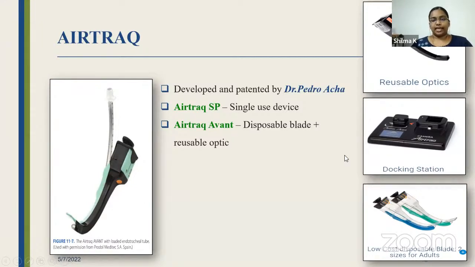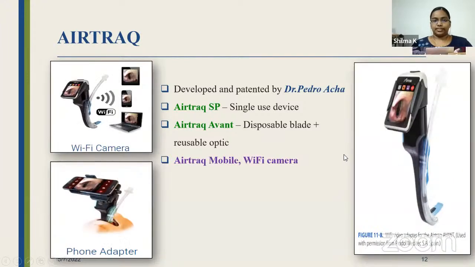Both these versions can be video enabled in two ways. That is AirTrack Mobile, which is a smartphone app which can be connected with a phone adapter, and we will get the videos and images in our smartphone. And there is another way, that is via the Wi-Fi camera, wireless transfer of the images to smartphone and laptops.